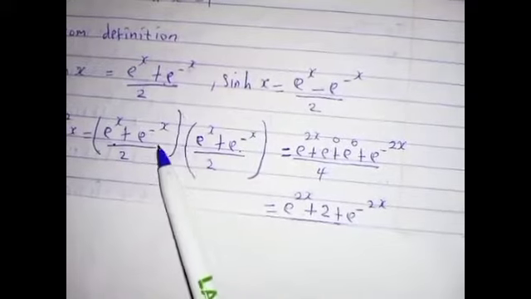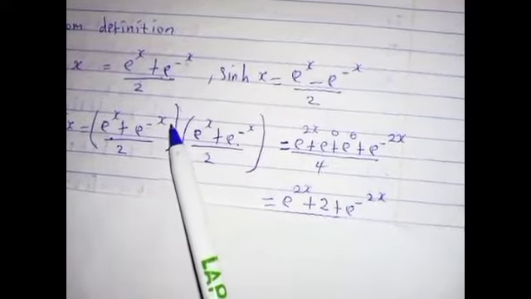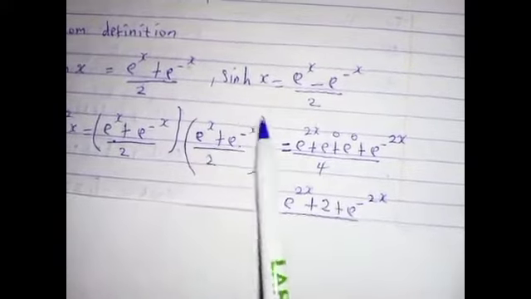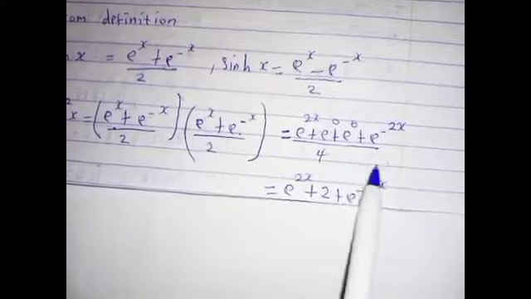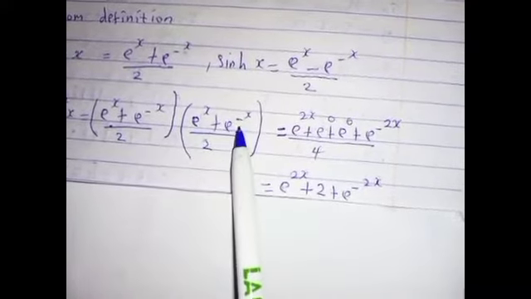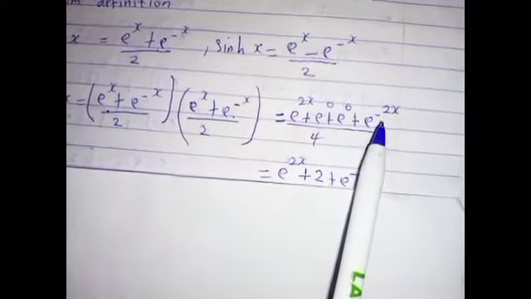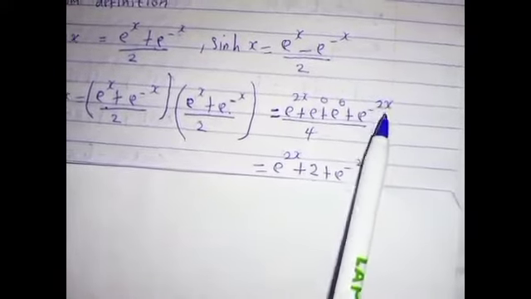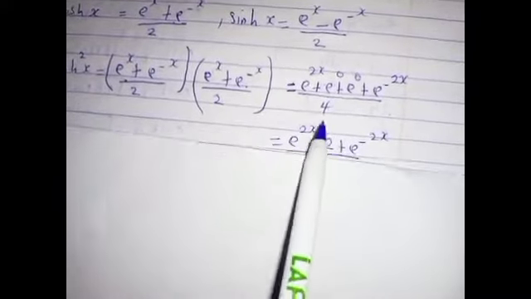Then e to the power negative x multiplied by e to the power x will give us e to the power 0, again from the laws of indices. And e to the power negative x squared, when you remove the bracket, will give us e to the power negative 2x. Then 2 times 2 will give us 4.